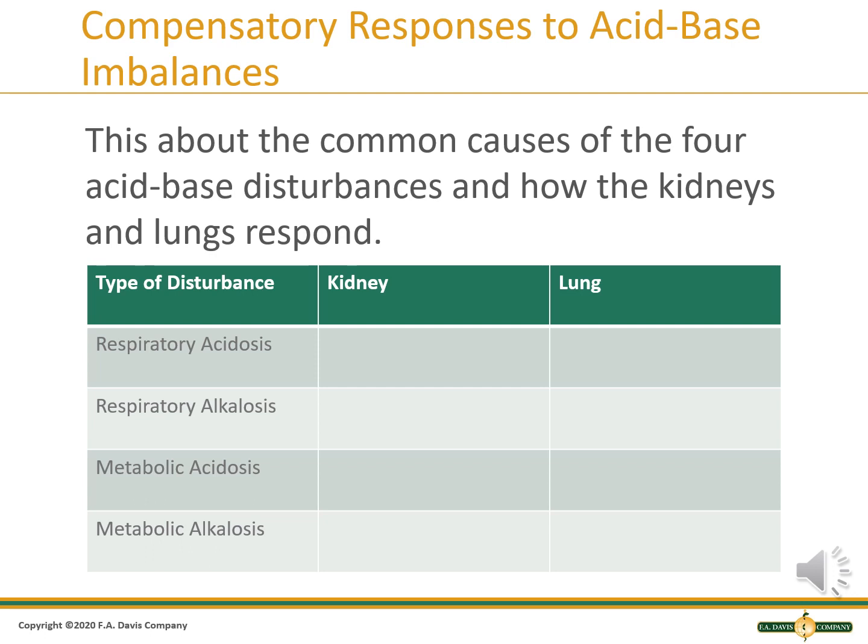Put an X under lung. And then in parentheses, put losing CO2. For metabolic acidosis, put an X under kidney and an up arrow under lung with respiratory rate. So put RR, up arrow RR. And then metabolic alkalosis, put an X under kidney and put a down arrow RR for respiratory rate.